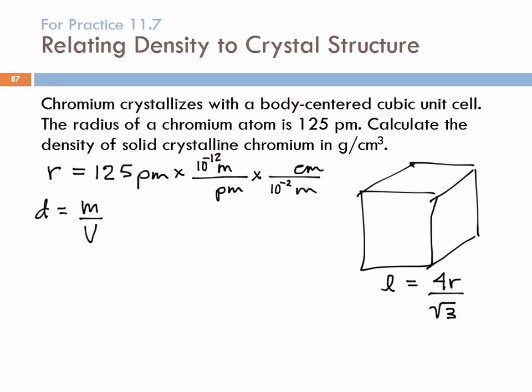So when I do that, 125, I'm getting 1.25 times 10 to the minus 8. So R equals 1.25 times 10 to the minus 8th centimeters.